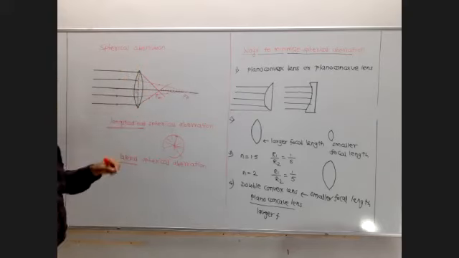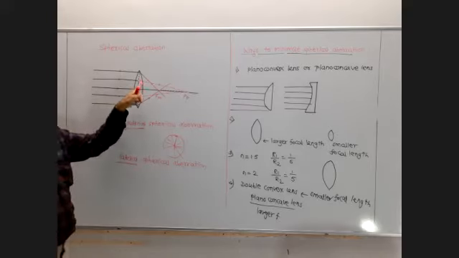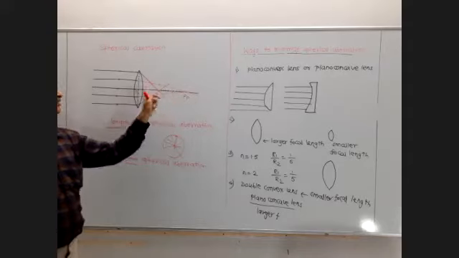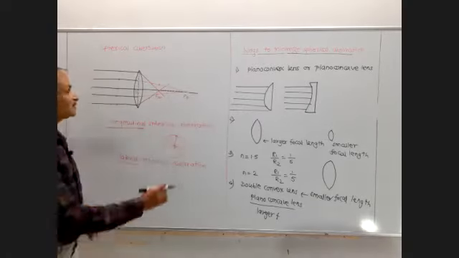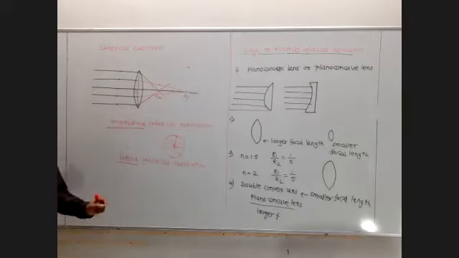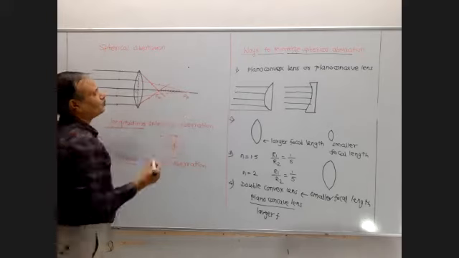They are called marginal rays, and the rays which are nearer to the optical center, they actually refract at a large distance from the optical center. They are called paraxial rays. Means actually you should get a point size image at only one point, but here the size of the image is from Fm to Fp.